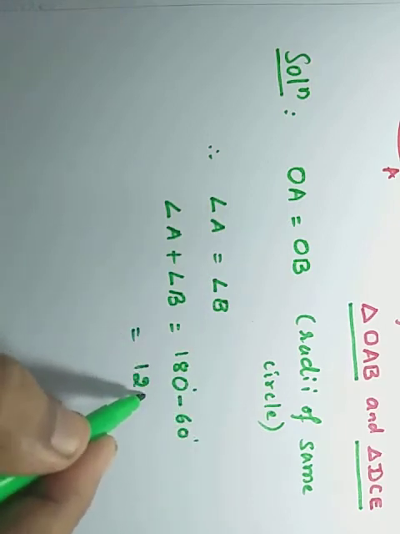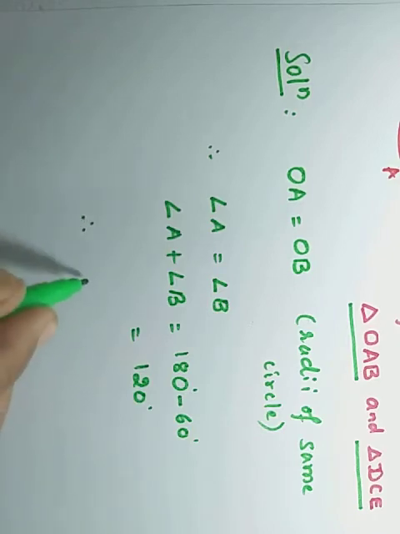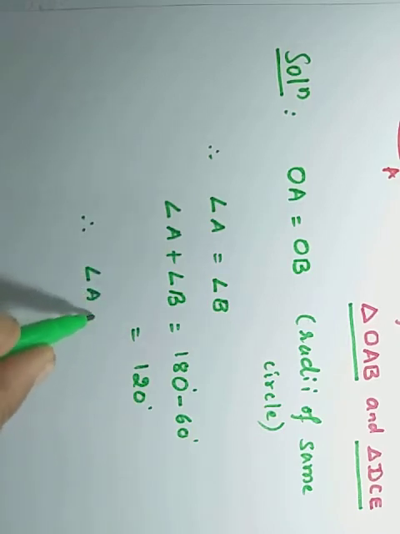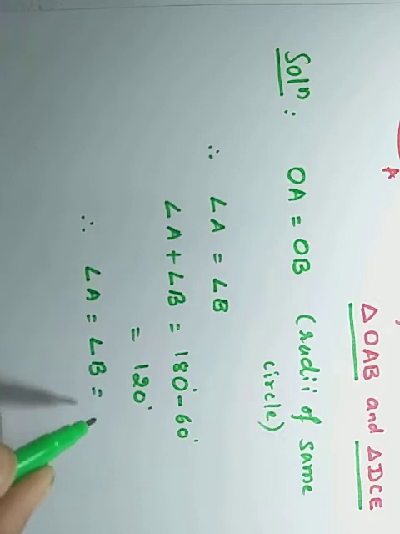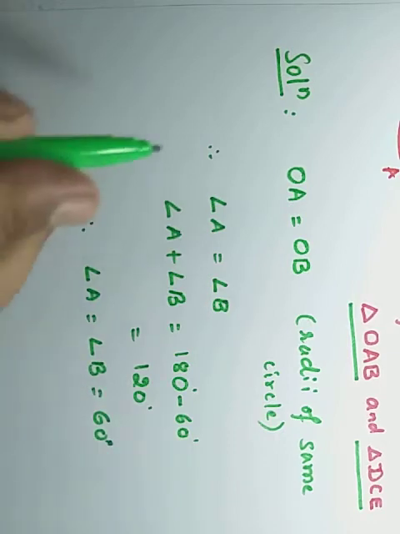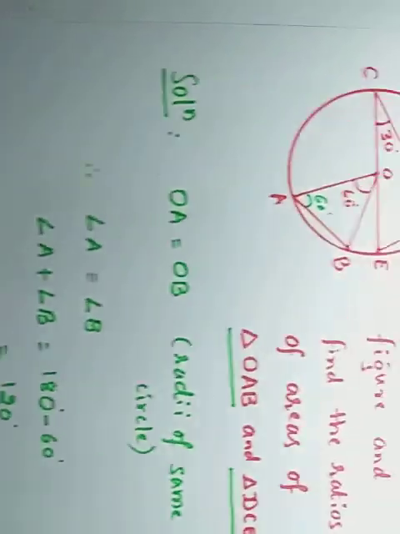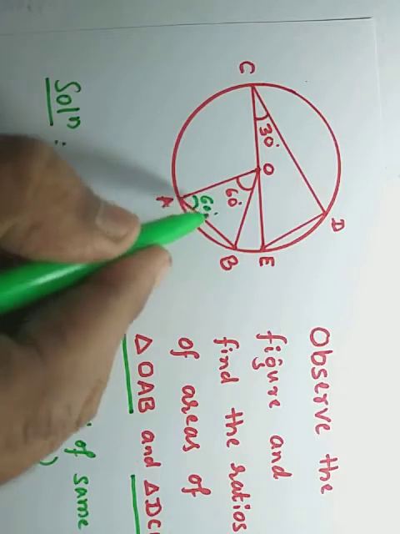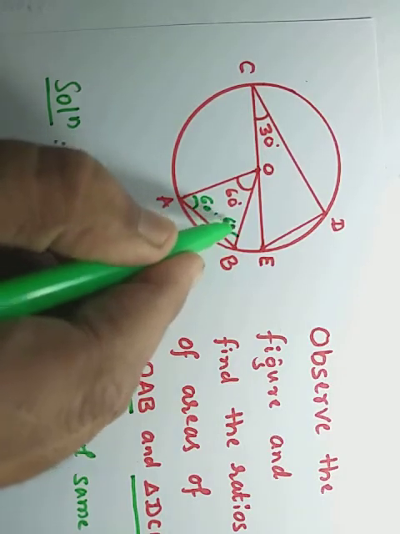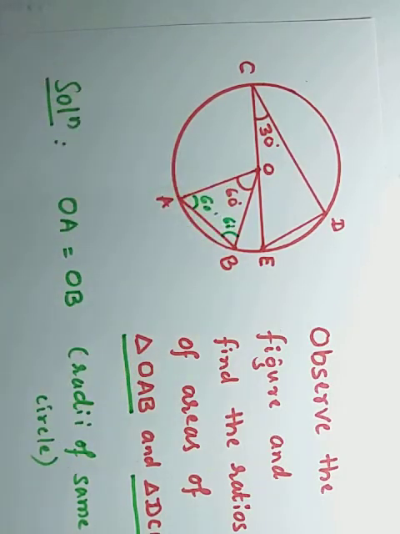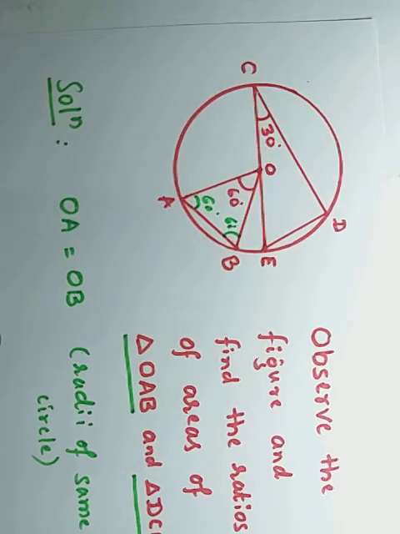This is equal to 120 degrees. Therefore, angle A is equal to angle B is equal to 60 degrees. This is 60 degrees, this is also 60 degrees. Therefore, all of them are 60 degrees and hence OAB becomes an equilateral triangle.